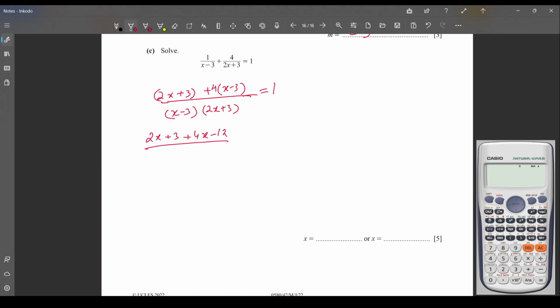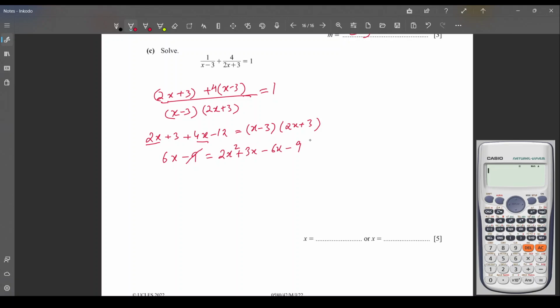Then when we expand this one, we'll be getting plus 4x minus 12. 4 times 3 is 12. Instead of dividing, we can shift this to the right hand side first, x minus 3 and 2x plus 3. So 2x plus 4x is 6x, then minus 9 equal to, we can expand this one, so this gives you 2x square plus 3x minus 6x minus 9.